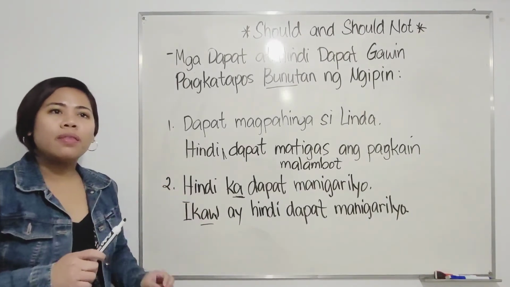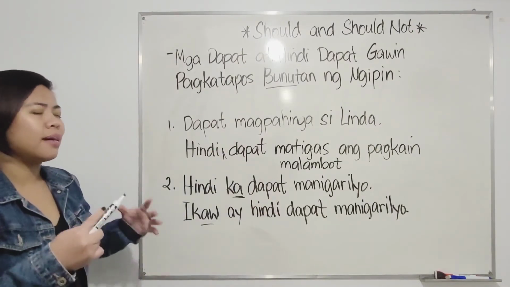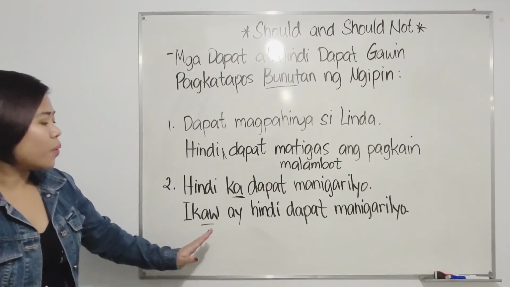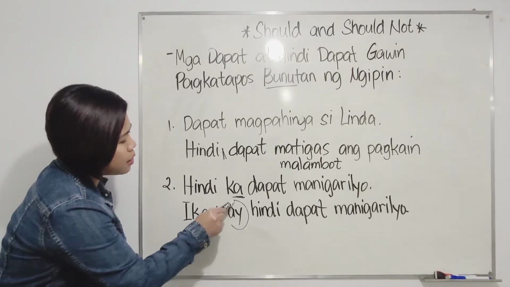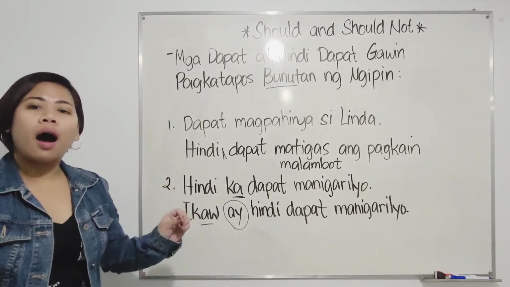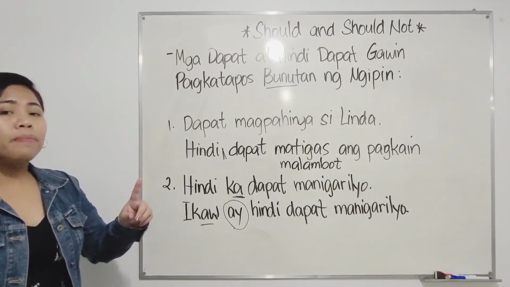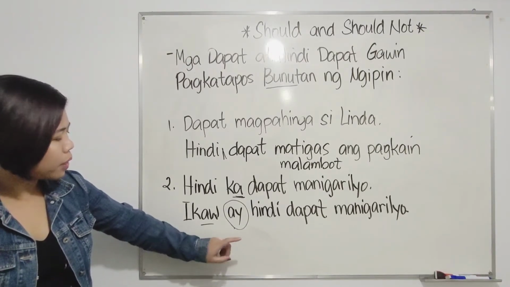If you remember the previous lessons I had in the previous series where I explained the sentence patterns, I said there that when we use this auxiliary verb ay, it means is, are, am, was, were. So this is an auxiliary verb in Filipino or in Tagalog.